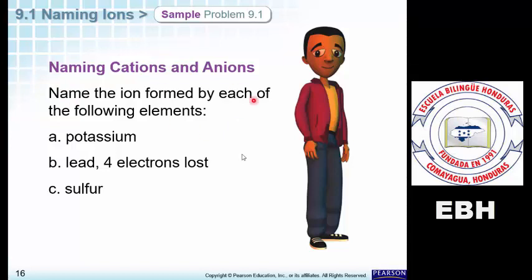Some examples over here, guys. You will see them in your book too. Naming cations and anions. Name the ion formed by each of the following elements. Potassium. In parts A, B, and C, you have to use a periodic table. Okay, potassium. Now we see the answer.